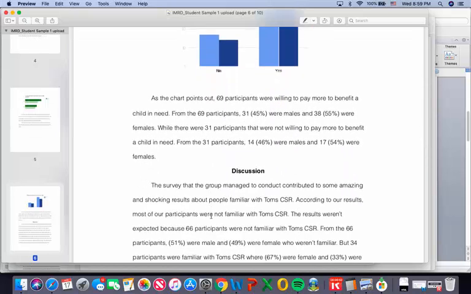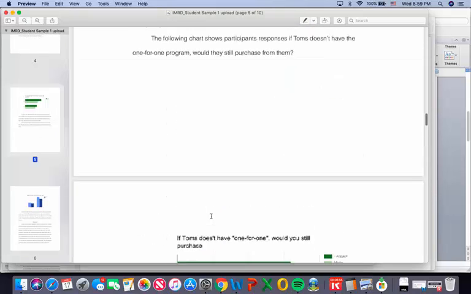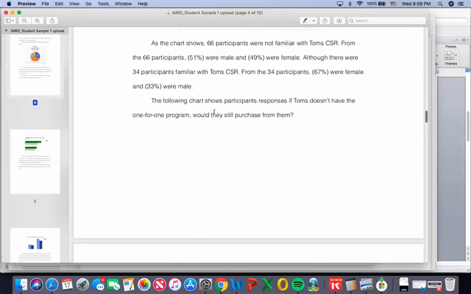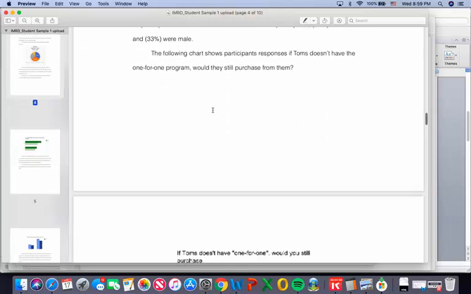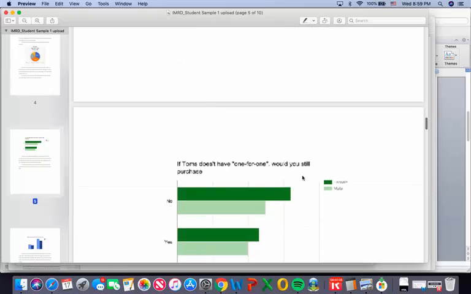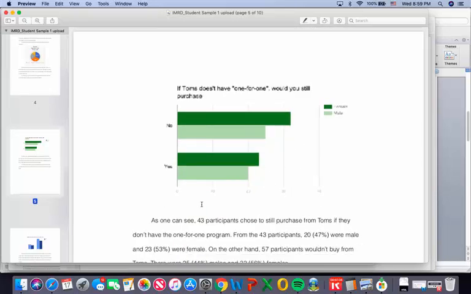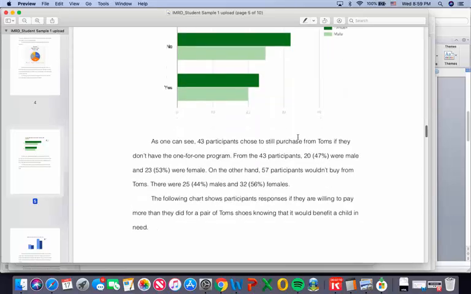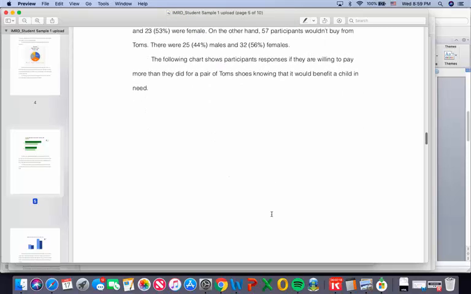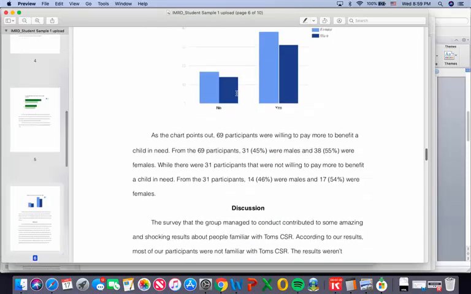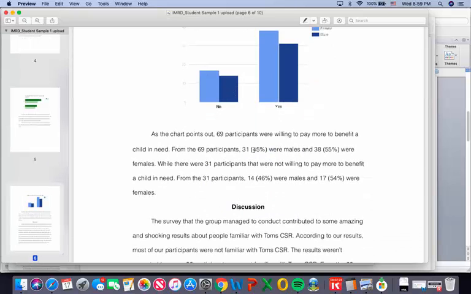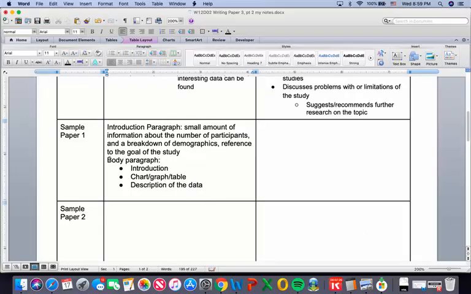As you can see, that pattern does continue, where there is an introduction sentence describing the question, and then there's a visual representation of the data, and then after that they describe what the data is. You can see for the third example they do that again. So that occurs three different times. There are three body paragraphs where that happens.